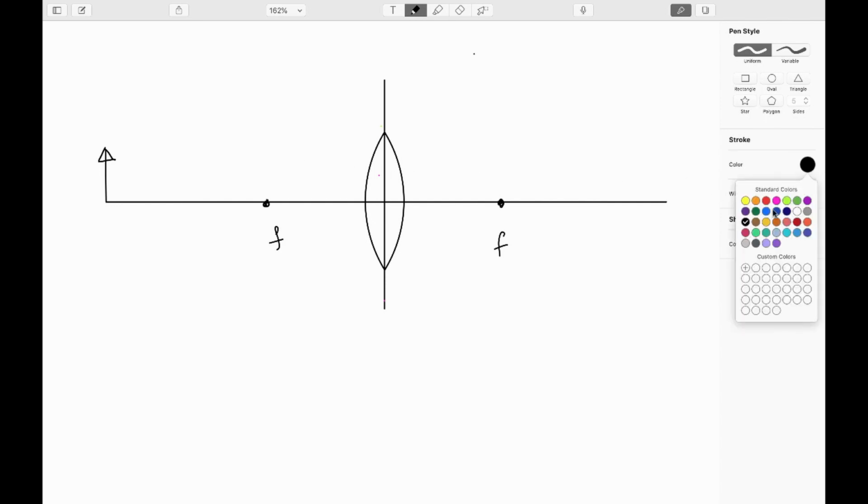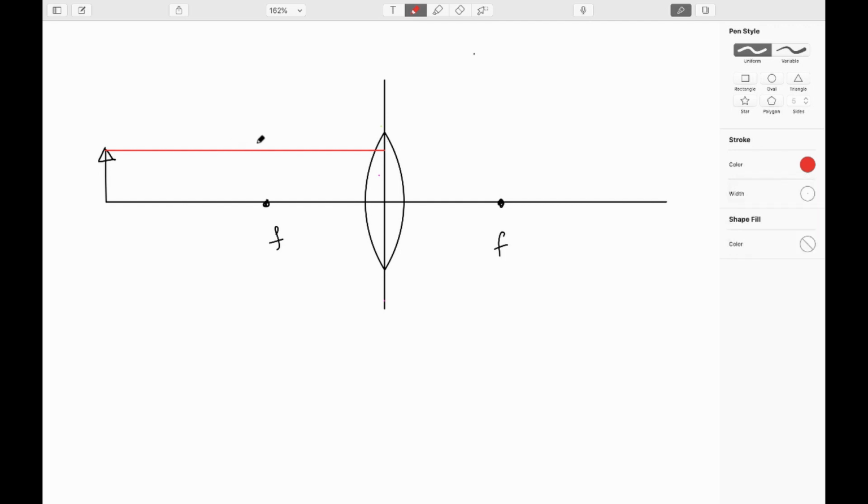The 2 rays that I'm going to need to get all quantitative about things is going to be the paraxial ray, which we'll take to the principal plane, and then from the principal plane we take it to the focal point.